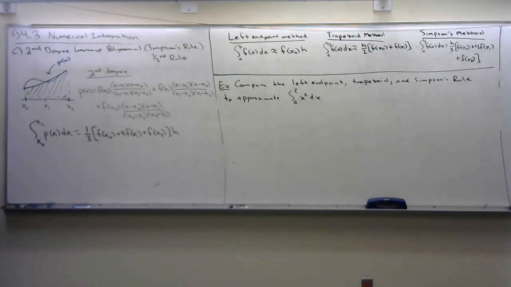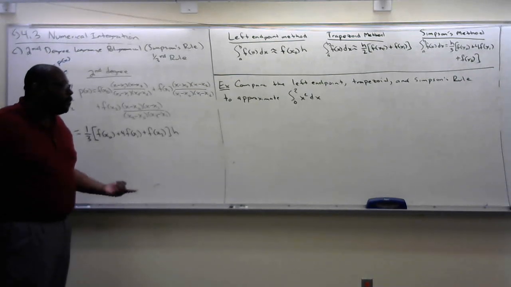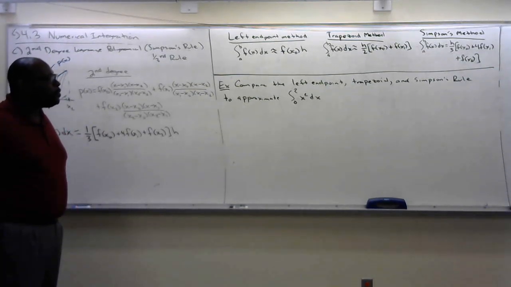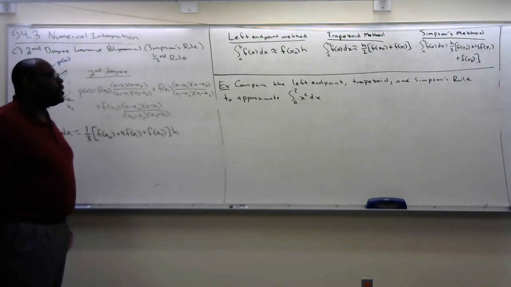Now I know that x squared is a polynomial, so it should be an easy approximation for these guys, right? Because all of these approximations are based on polynomials. The left endpoint method is based on the 0th degree, trapezoid method is based on the 1st degree, and the Simpson method is based on the 2nd degree polynomials. But I still want you guys to see it.